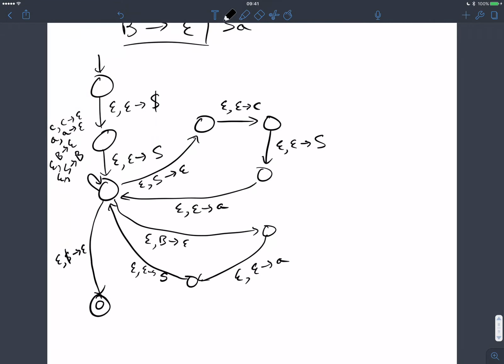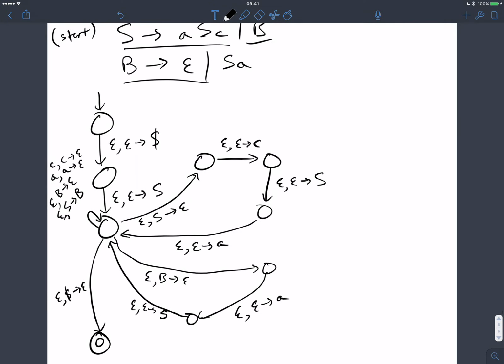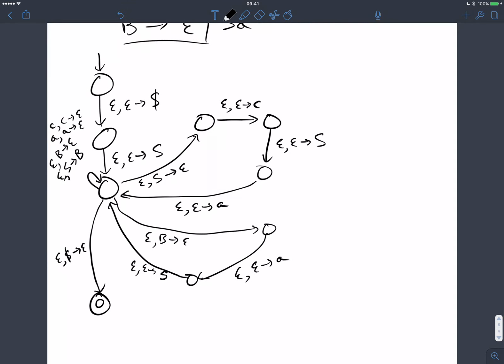Okay? Does that answer your question? Yeah, so we would need to make the names of the states. So let's call them Q0, Q1, Q2, Q3, Q4, Q5, Q6, Q7, Q8.